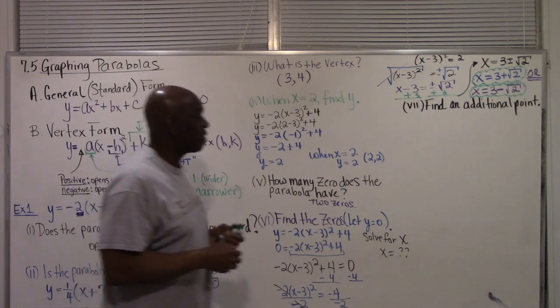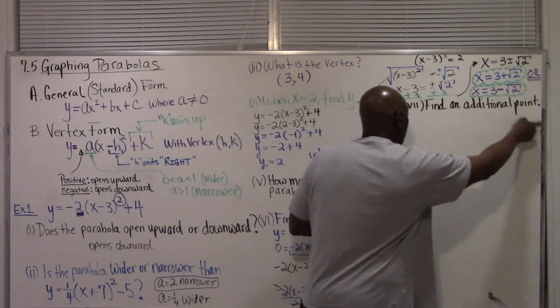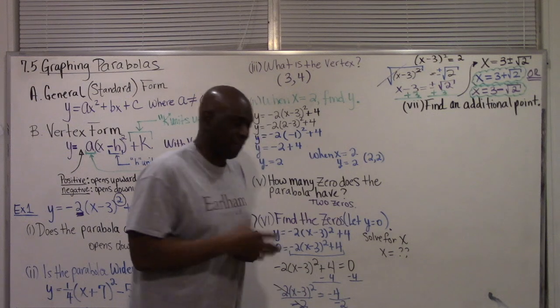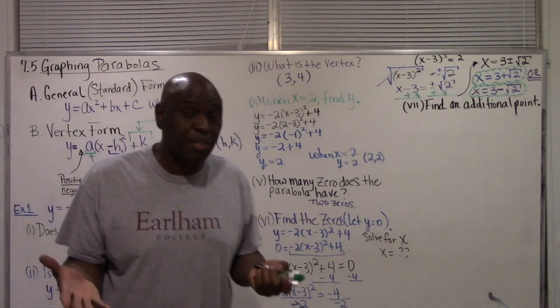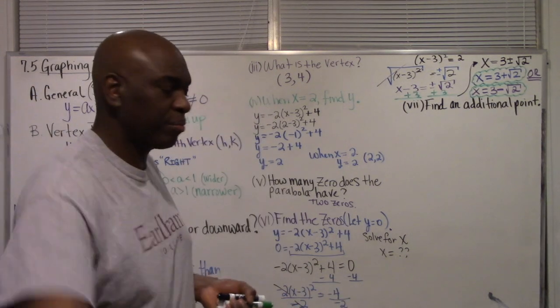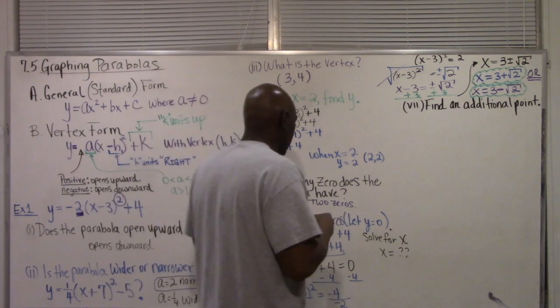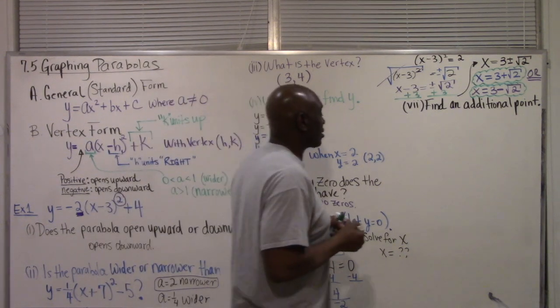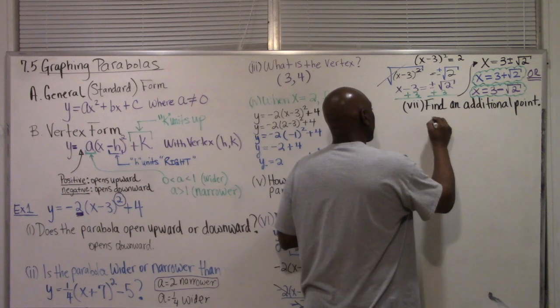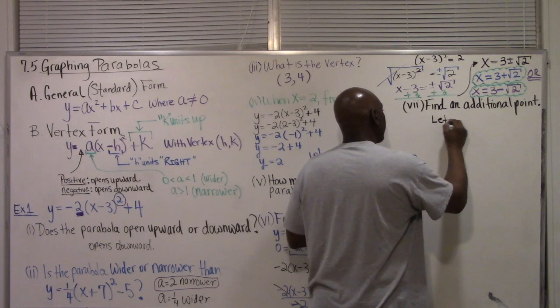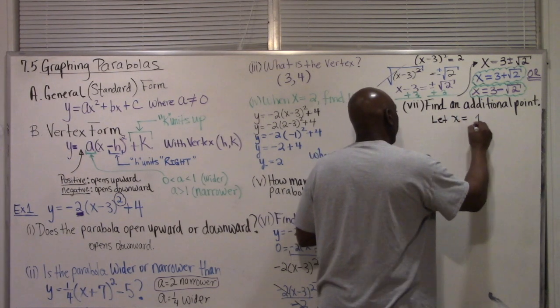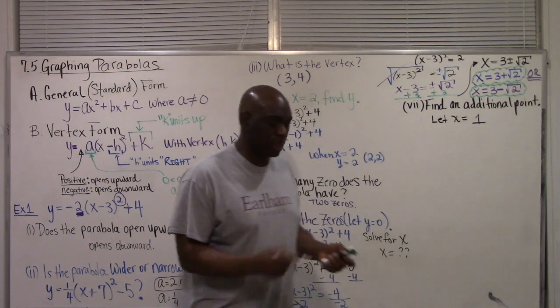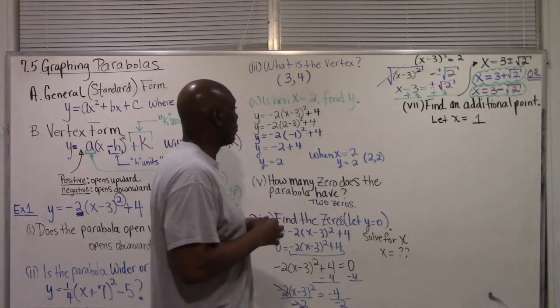Okay? Now it says find an additional point. For an additional point, you let x be whatever you want x to equal. It's up to you. What do you want x to equal? Let me see. Let x equal 1. Well, when x is 1, find y. No problem.